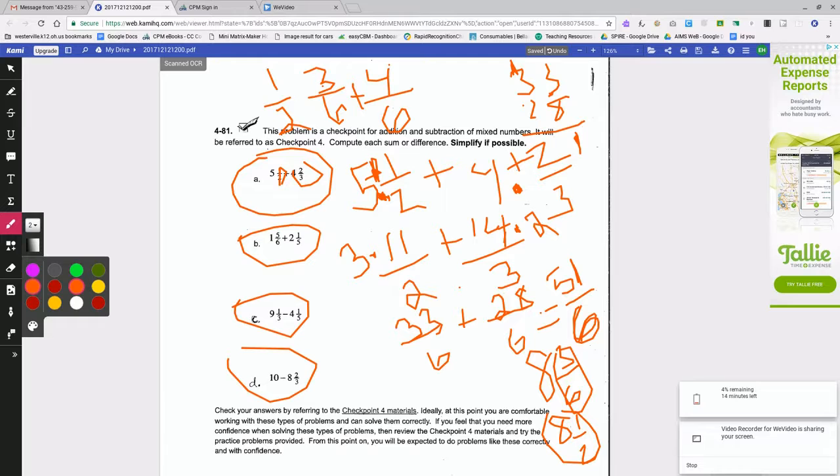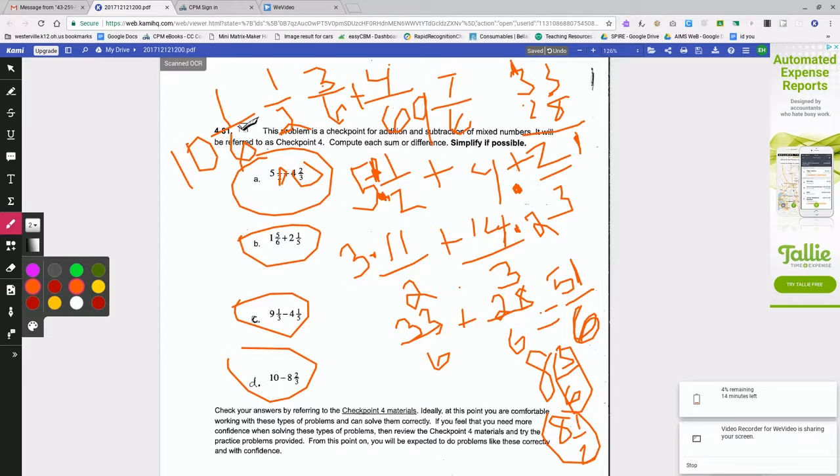And if I just added those, I would get 7/6. If I do 5 plus 4, I get 9, so then that would end up being 10 and 1/6.